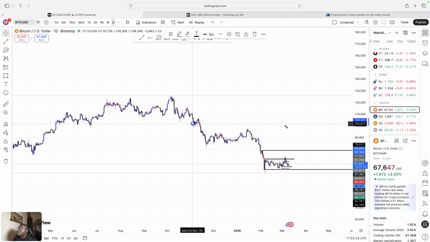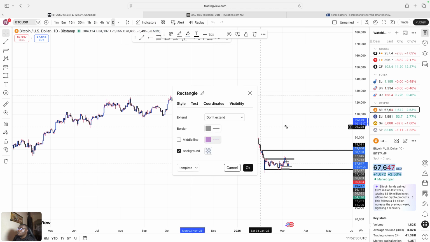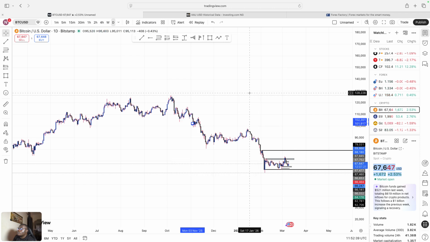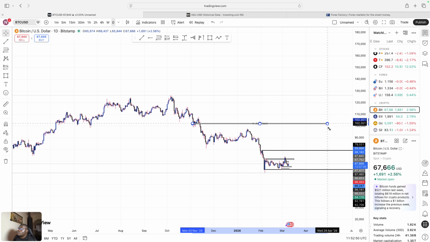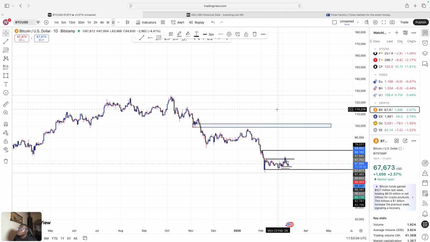Now, if you observe this resistance level, what do you see? You saw a huge dump. Assuming you had placed this trade, you'd be seeing something like 1:5, 1:4, 1:6, depending on your lot size.